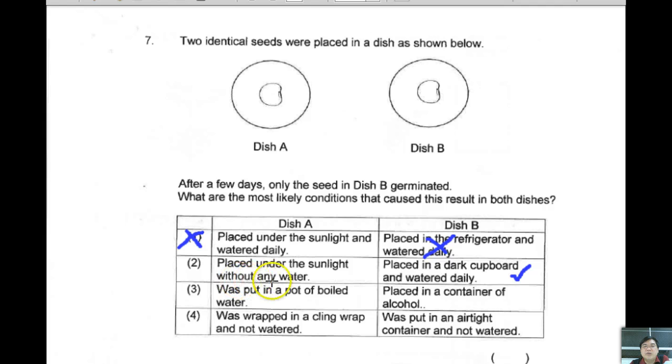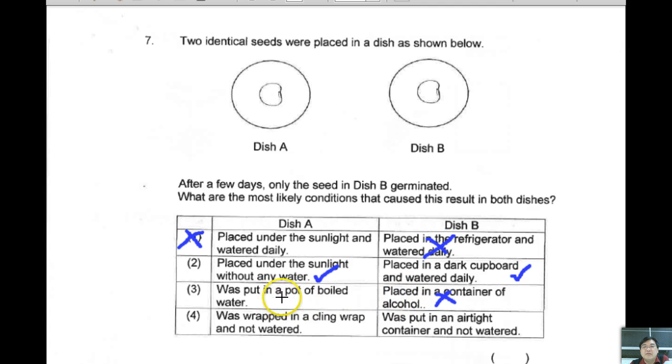Placed under the sun without water, worse. Why does it not germinate? Because it's not being watered. So 2 is very likely the answer. However, please have the habit of going through the rest of the choices. Placed in a container of alcohol, no. The seed would have been killed by this overdose of alcohol.